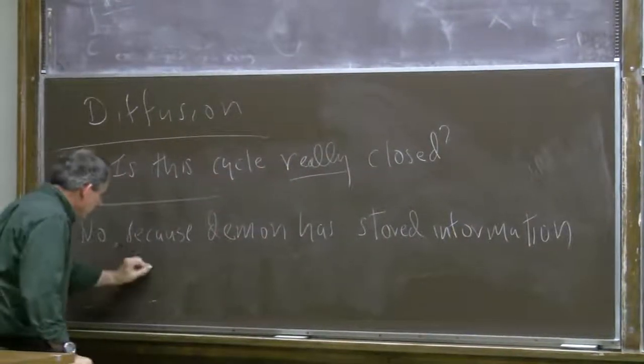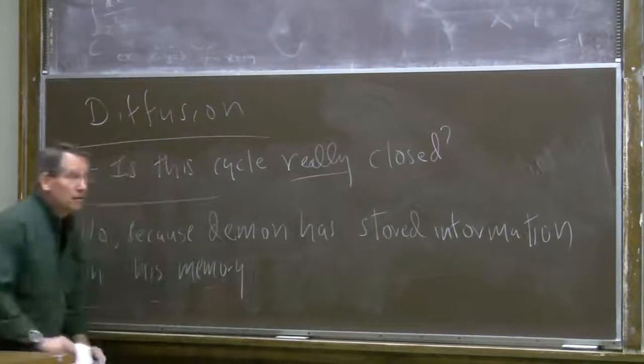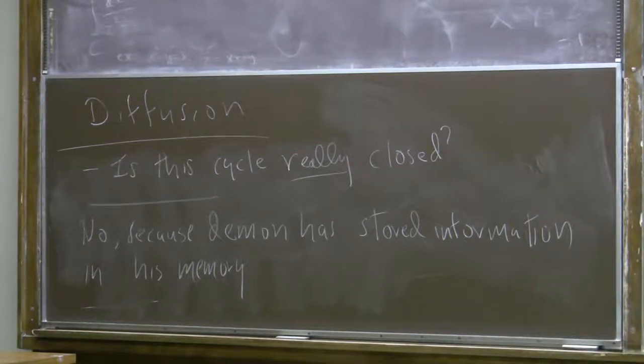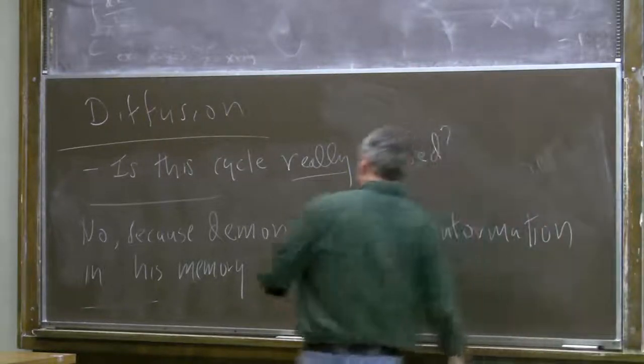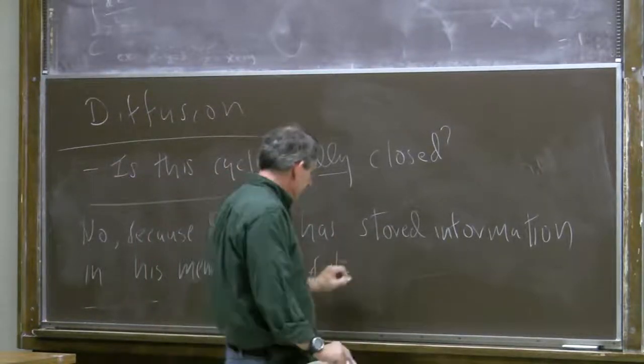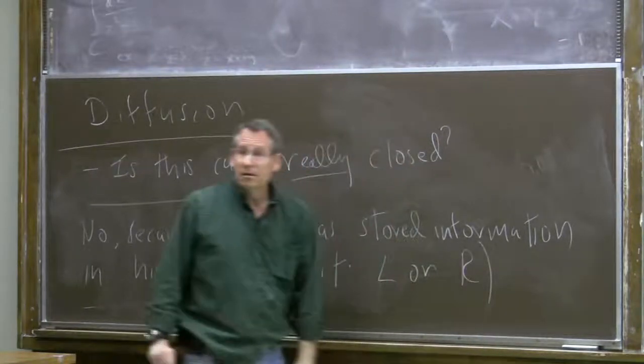In his memory. He had to store it, right? He made the measurement to figure out whether the molecule was on the left or the right. He wrote that down. Then he was able to figure out how to load the wall during the isothermal expansion. What he stored was 1 bit: whether it was left or right when he measured it.